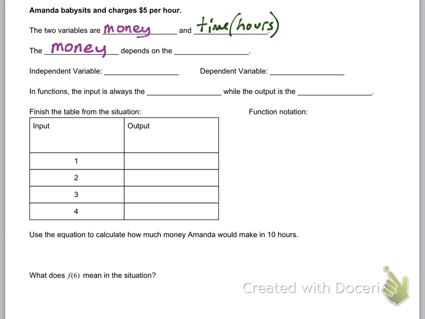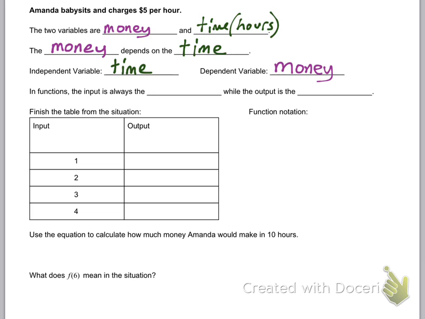The money is the thing that depends on the time, because however much money Amanda gets depends on how long she babysits. If she babysits for longer, she's going to make more money. If she babysits for less time, she's going to make less money. So the money depends on the time. Well, that means the independent variable is time and the dependent variable is money.